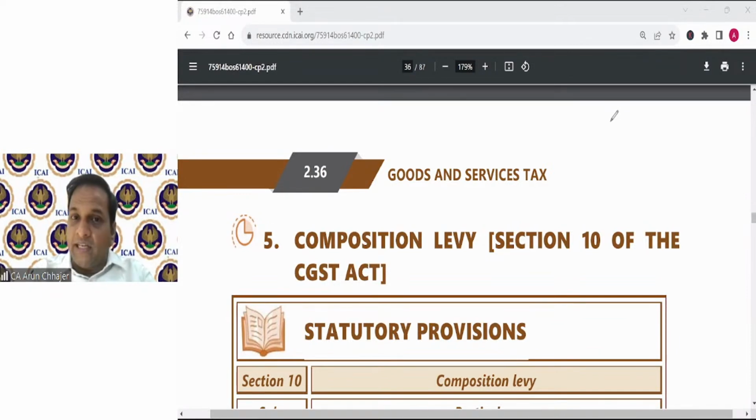Requesting everyone to quickly tell me what was the name of the service which was allowed in the composition levy when the GST was introduced. I'm not talking about currently, because currently its scope has been enlarged. I'm talking about when the GST was introduced.